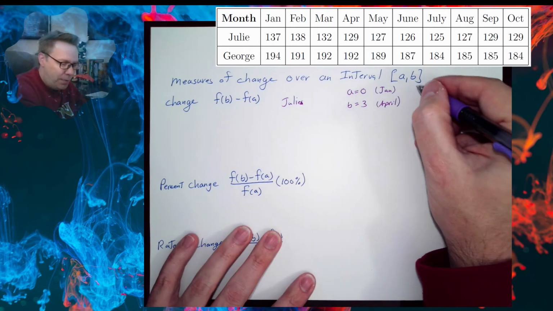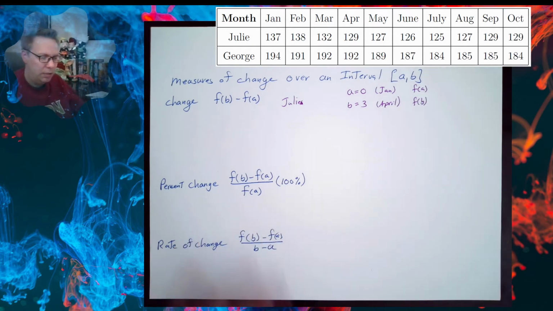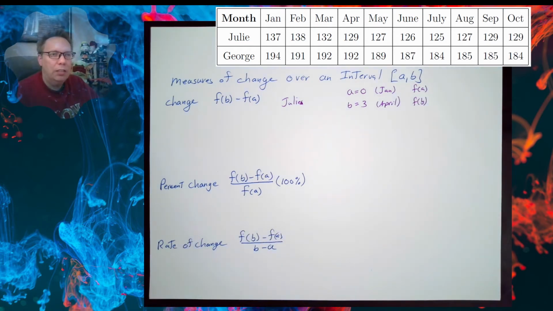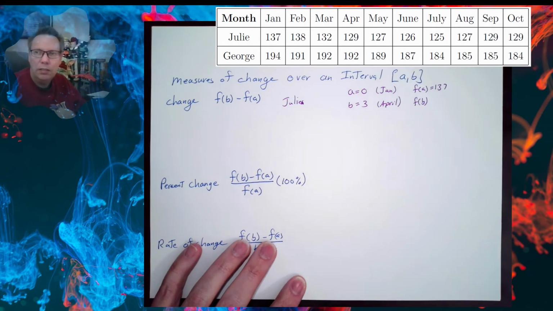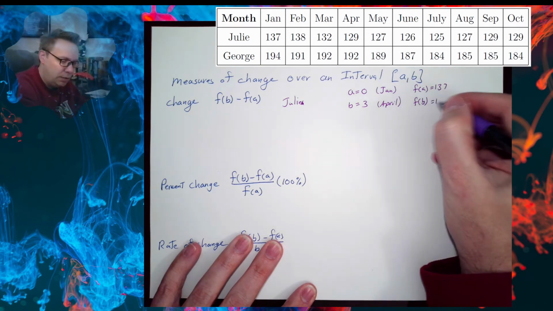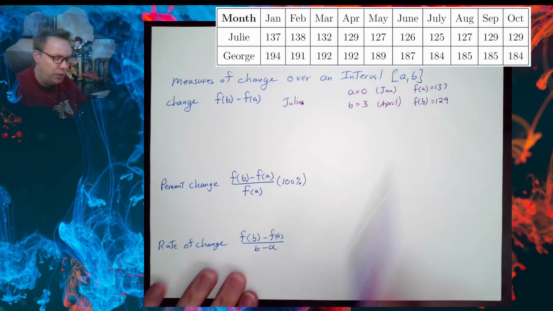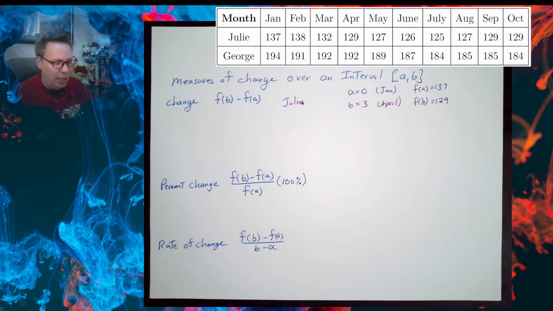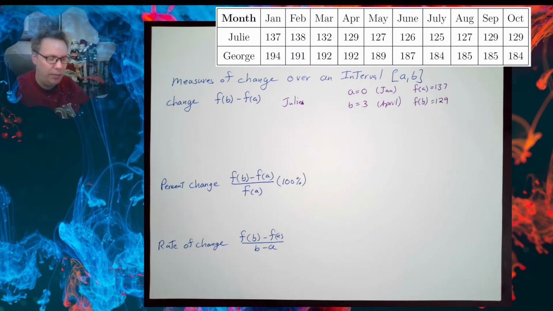So that means f of A and f of B. Well, for Julie, f of A is 137. And f of B, or April, is 129. So I can use these four numbers in all these calculations. In fact, A and B are only used down here at the rate of change.